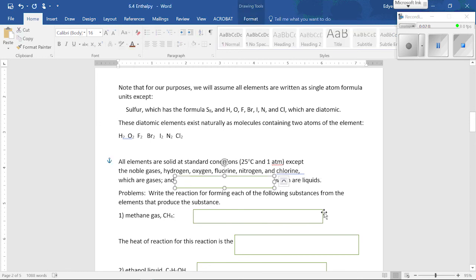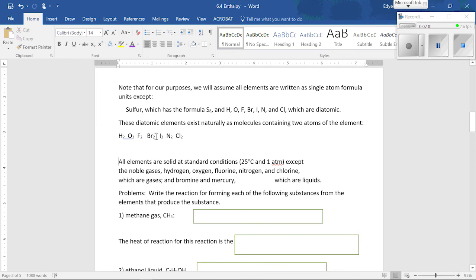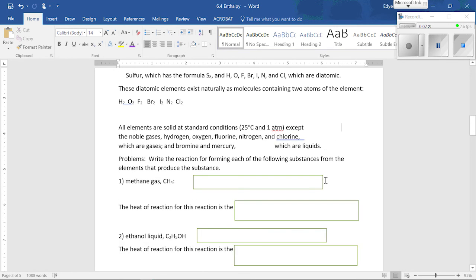And then we have two elements that are liquids, just bromine and mercury. So iodine is a solid because we said all elements are solid except for these and these. So there are only about, I don't want to give a number, but there are less than 20 elements that are not solids.